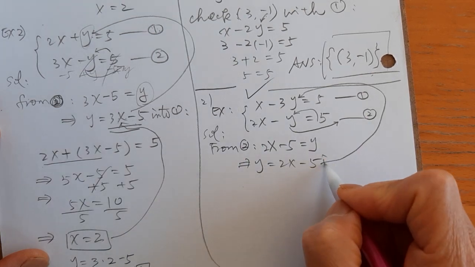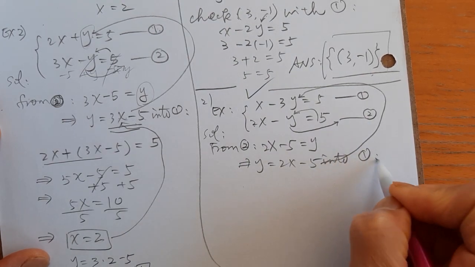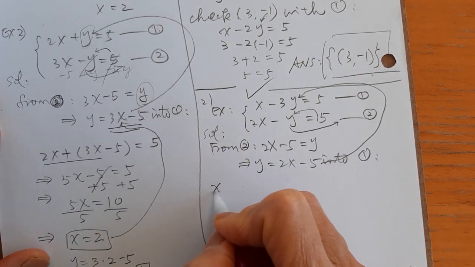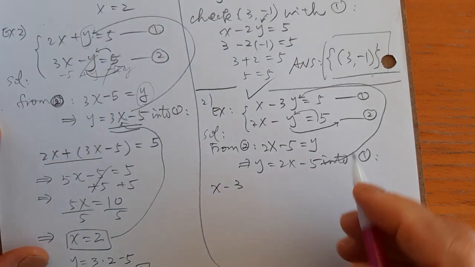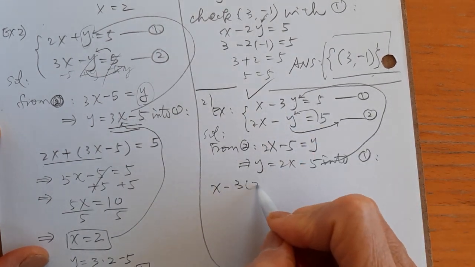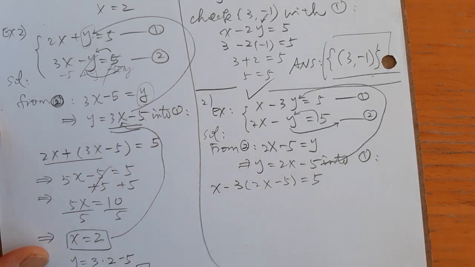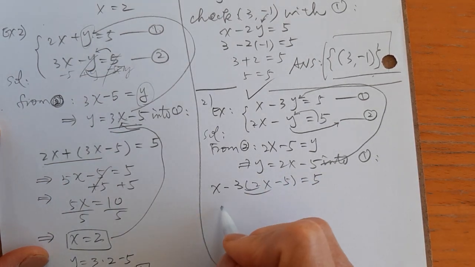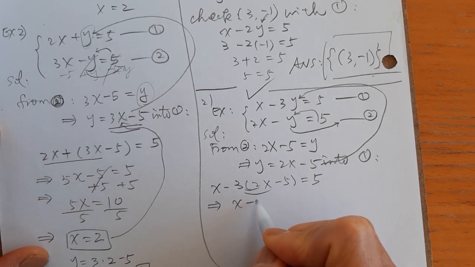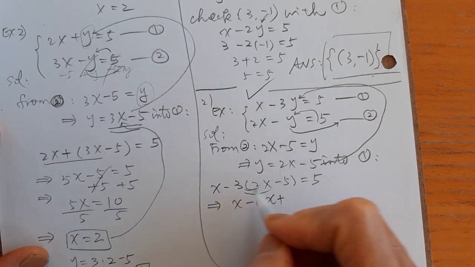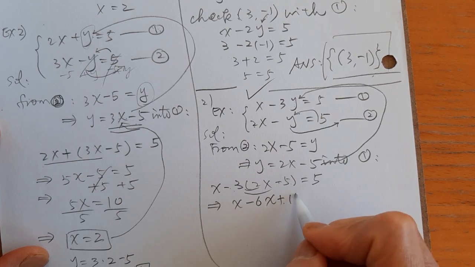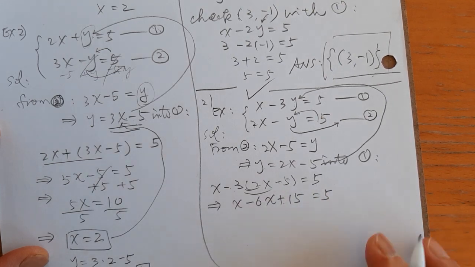So put this into the first equation, and you will get x minus 3 times y, with y replaced by 2x minus 5, equal 5. Then distribute in. So you got x minus 6x plus, negative times negative, 3 times 5 is 15, equal 5.